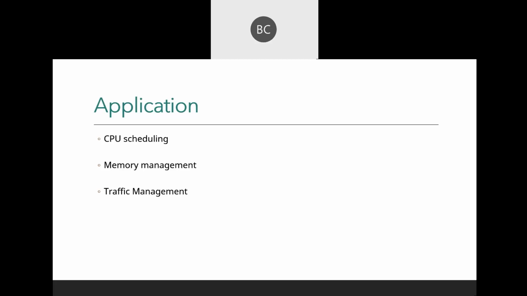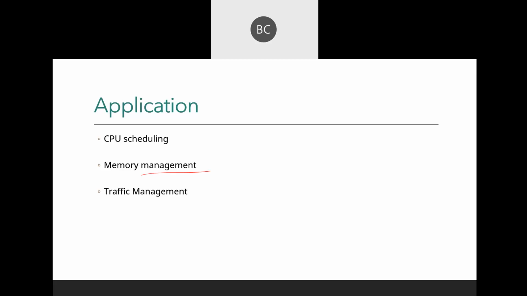So we already know that there are certain problems in linear queue. It has poor memory management, therefore we use circular queue for memory management in our computer. Similarly, CPU scheduling. In CPU scheduling, sometimes we also use priority queue.